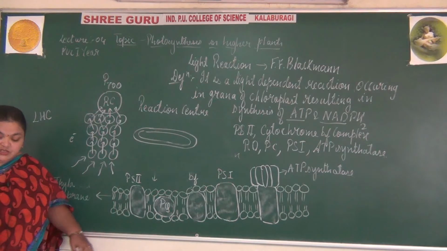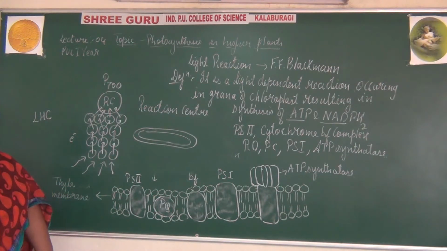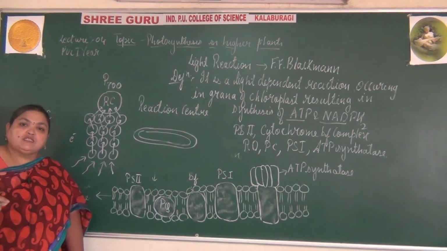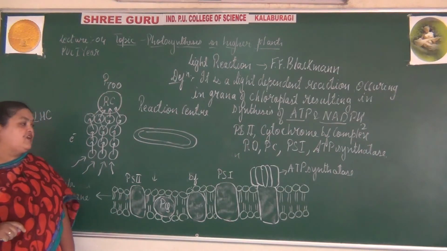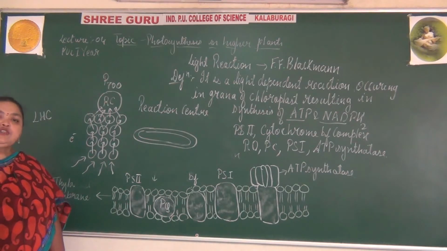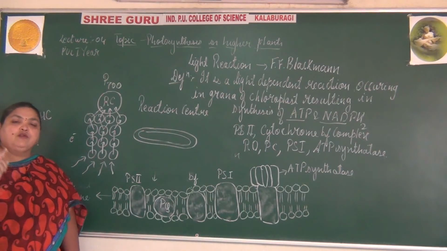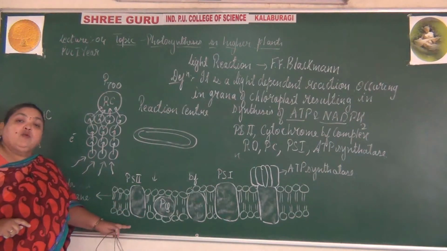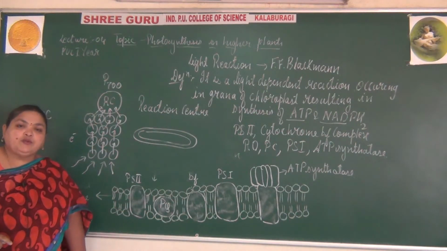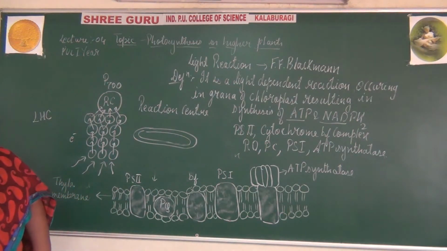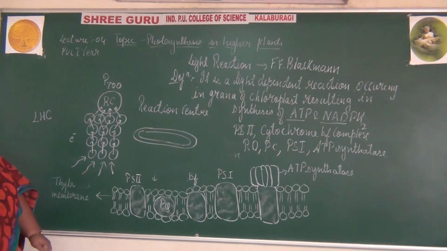They are the structural and functional units of protein complexes involved in photosynthesis present in the thylakoid membrane. There are two photosystems based on the discovery. They are known as photosystem 1 and photosystem 2. With the differences, we will try to know the characteristic features of photosystem 1 and photosystem 2.